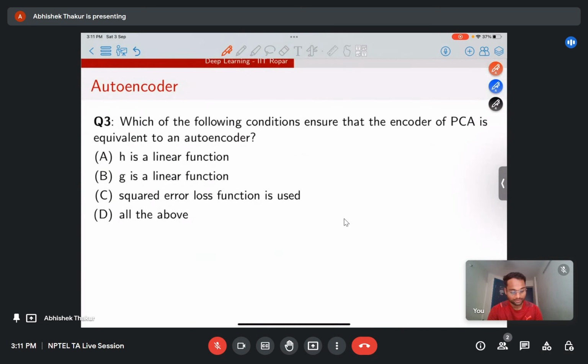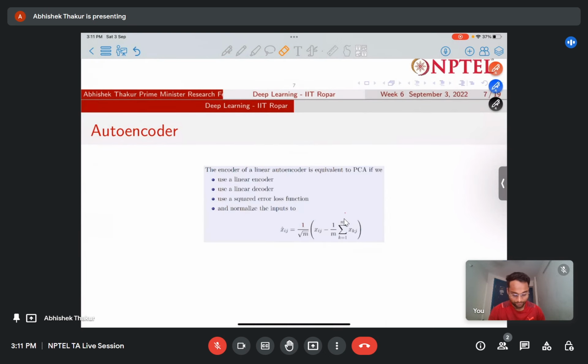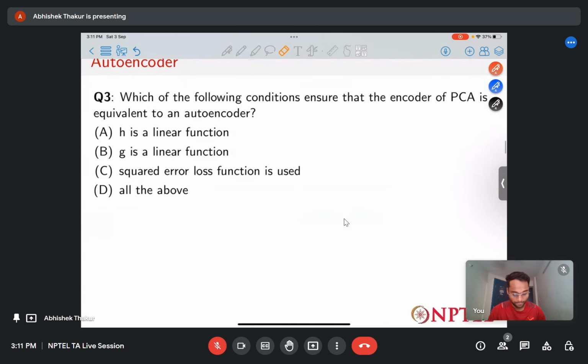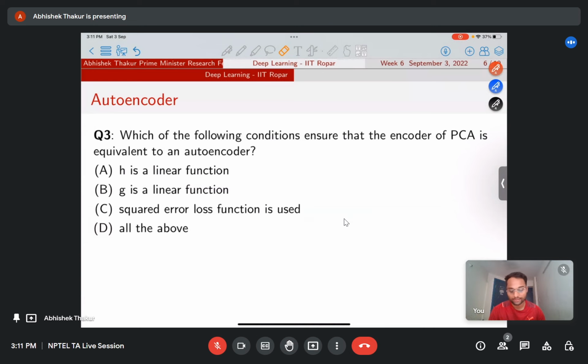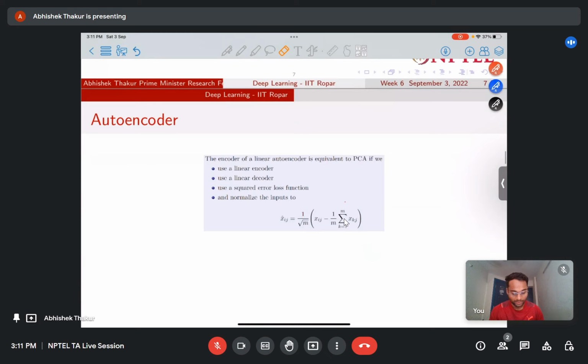Which of the following conditions ensures that the encoder of a PCA is equivalent to an autoencoder? So in what case is the encoder of a PCA equivalent to an autoencoder? The encoder of a linear autoencoder is equivalent to PCA if we use a linear encoder and a linear decoder, okay?